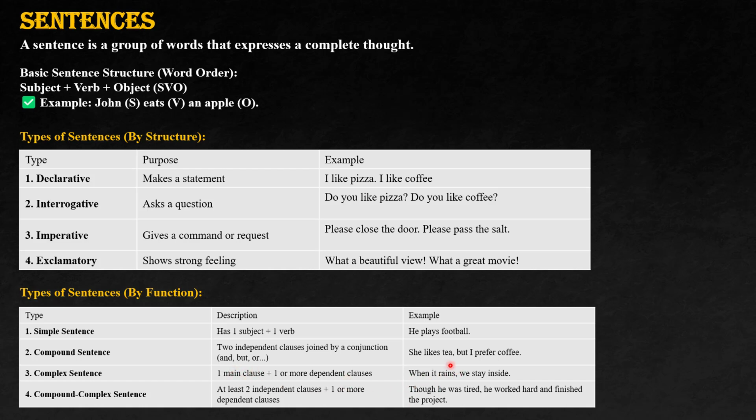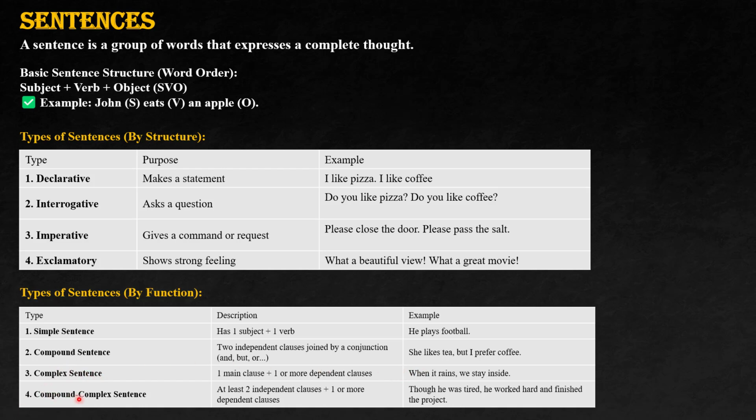Or else you can even continue this one with more dependent clauses: we will take an umbrella and then we'll go outside. Correct? Like that we can form complex sentences.